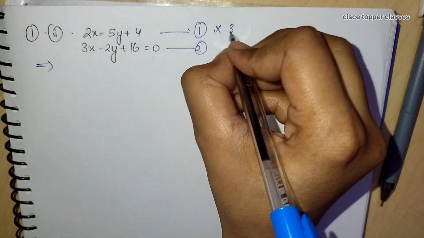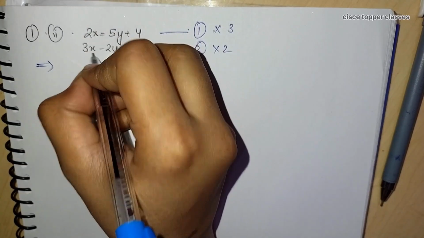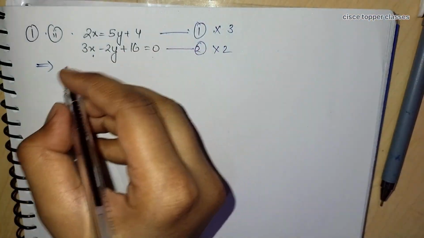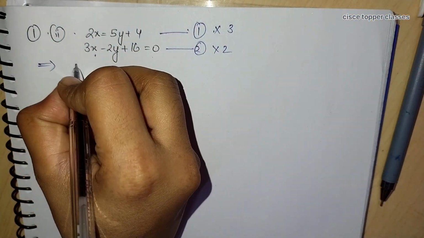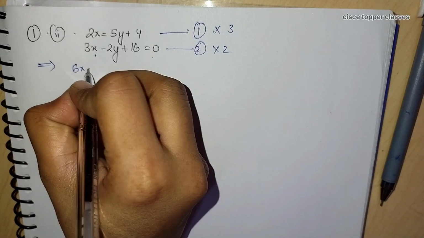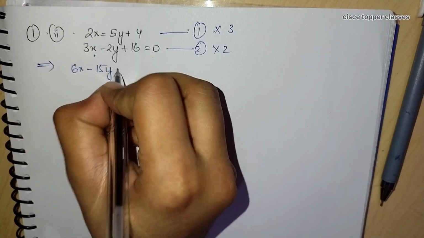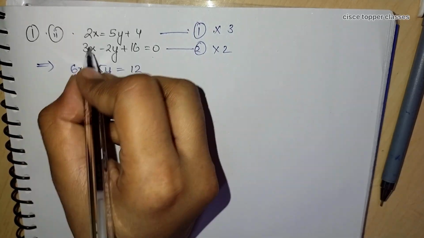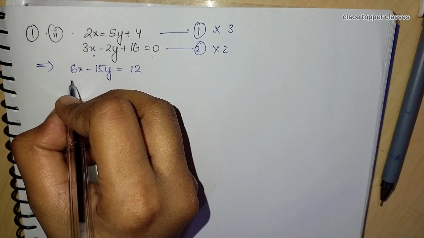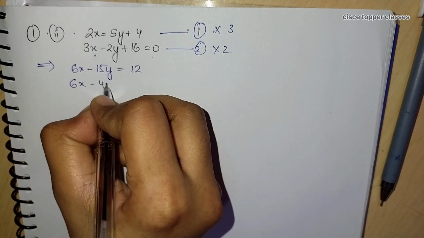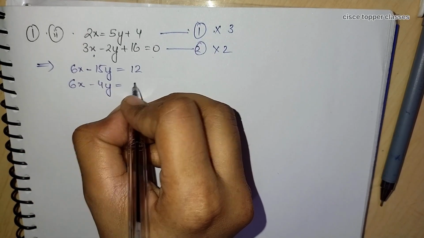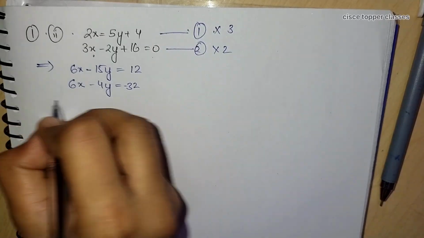Firstly, we'll multiply the first by 3 and the second by 2 to make it 6x, and then we will cancel out this 6x. We can write this part as 6x minus 15y equal to 12. Now we can write the other part as 6x minus 4y equal to minus 32.